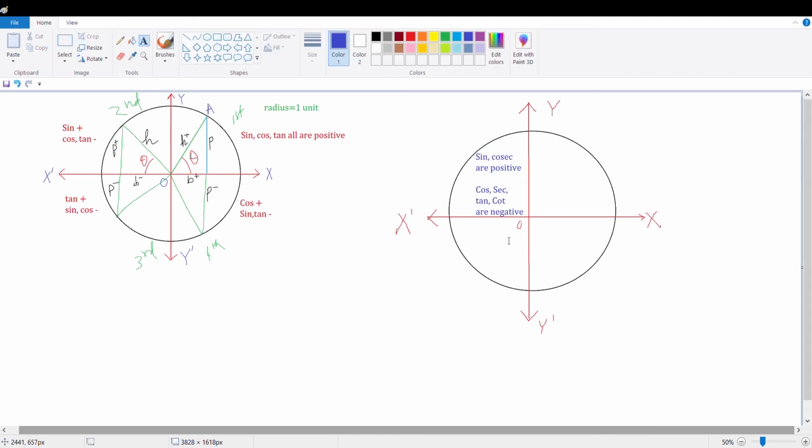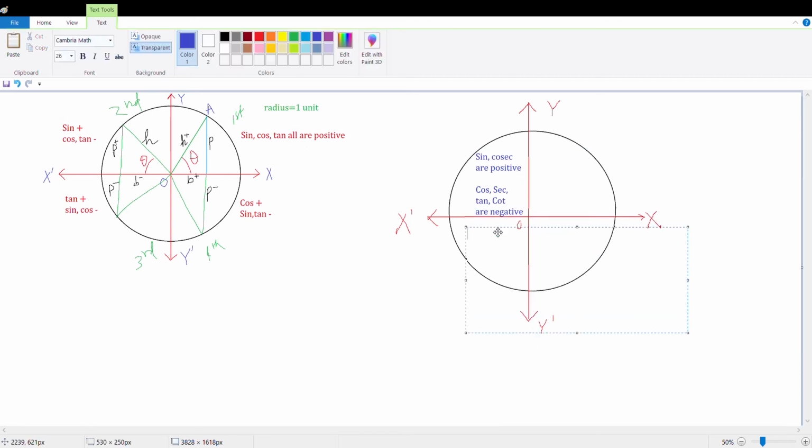Okay, now on third quadrant, I'm writing first quadrant last.